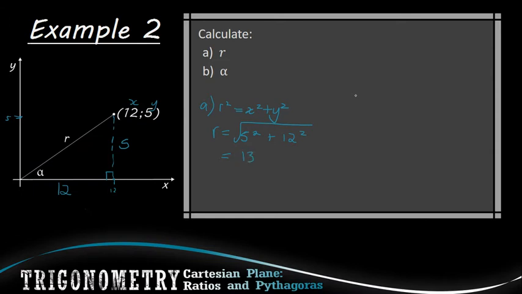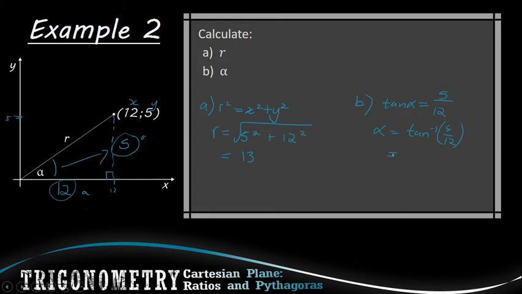And then to find alpha, from this angle, once again, this is the opposite side and this is the adjacent side. So we know that tan alpha is equal to opposite over adjacent. Now opposite is 5 and adjacent is 12. Now to solve for alpha, we take the inverse of tan, and we have 5 over 12.